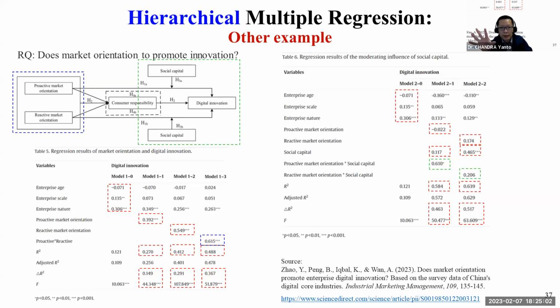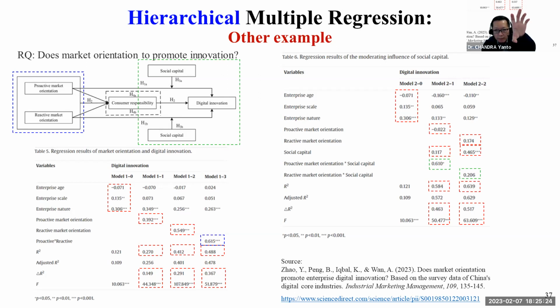But there's another table, table 6, that shows you how they test the green one. Remember the green one that I showed you there? They want to look at the relationship between the proactive and reactive market orientation and social capital, and how they interact to affect digital innovation. Digital innovation is the DV. They do it block by block.